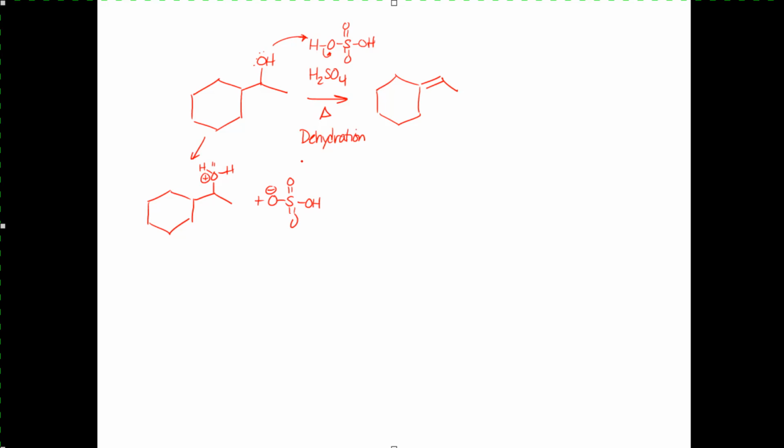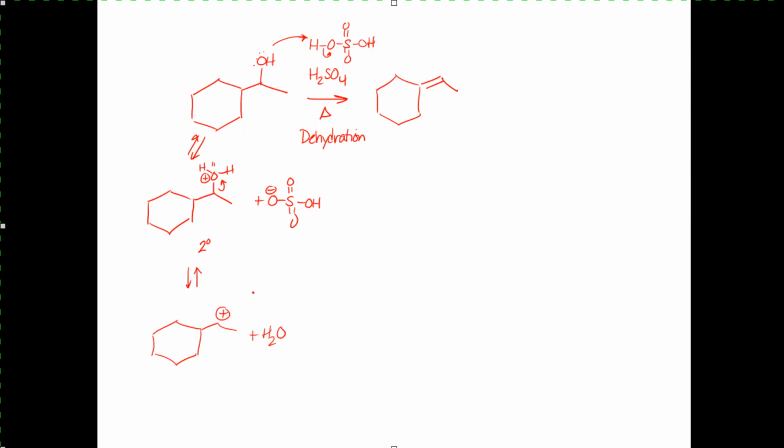And if you're going, doesn't that look an awful lot like a sulfonate? It does, because that's the standard sulfur chemistry. So now when I form this oxonium ion, what happens next? Well, since this is a secondary system, the water's going to leave. And I should be putting equilibrium arrows here because all of these are reversible steps. Now I'm going to end up with my carbocation and my water.